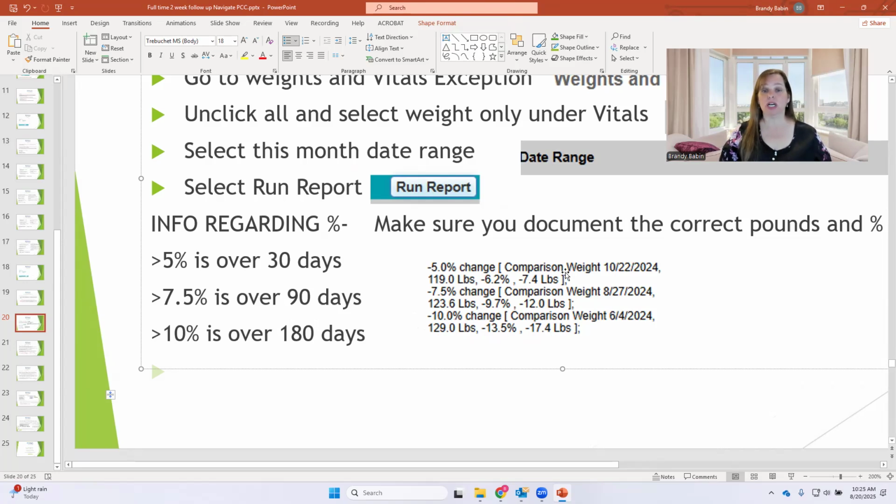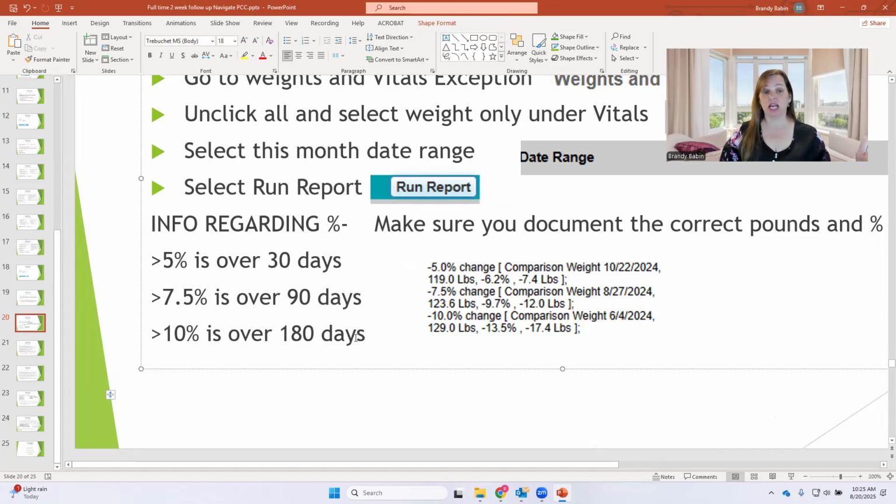So you only have to document one of these. You're going to document the most recent. So if they have a 5, 7.5, or 10% weight loss, this is the only one you would have to document on. If they only have a 7.5 or 10, then you would document on the 7.5%. You would document over the last 90 days.